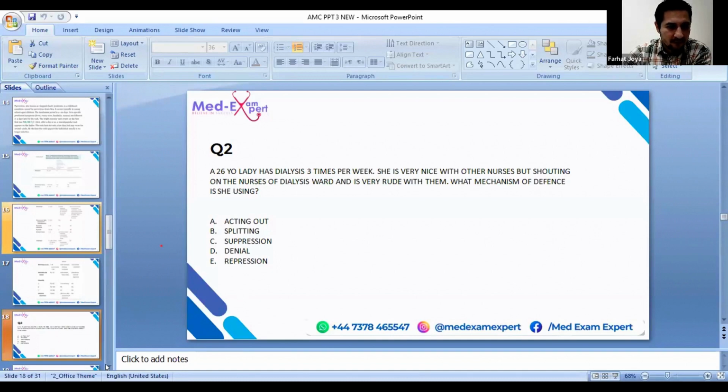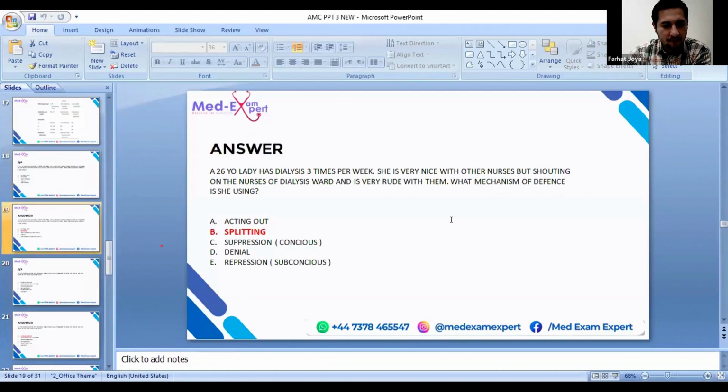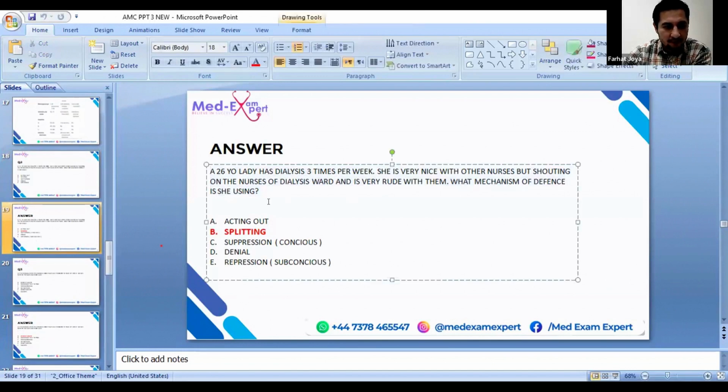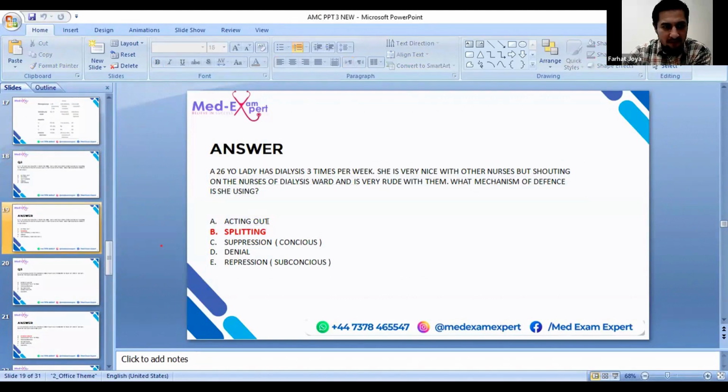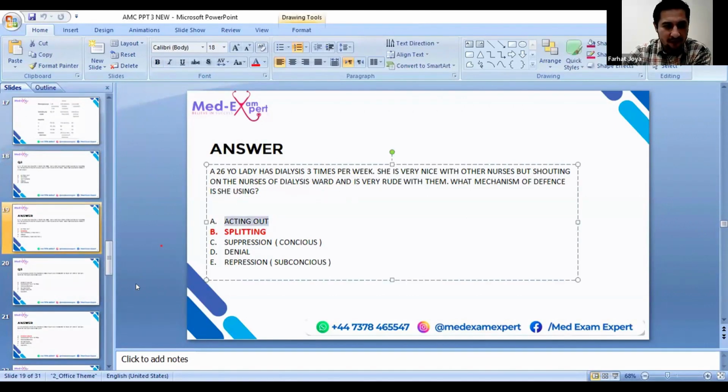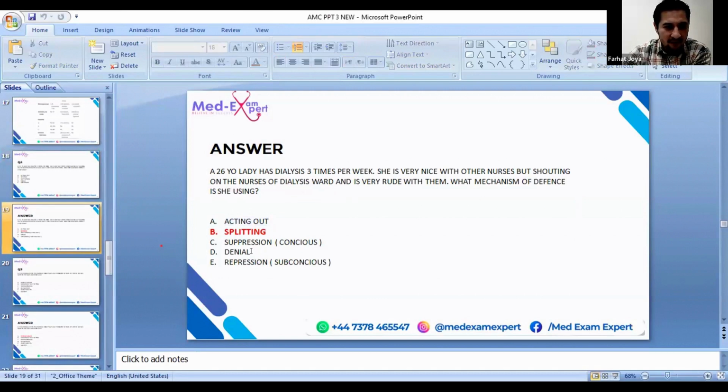So let's see, what could be the correct answer here? Yes, most of you are right. The correct answer is splitting. I'm not going to read the question because we have to solve some more recalls today. You have to exclude, for example, acting out. It doesn't make sense because she's not acting out. And denial, she's not denying anything.